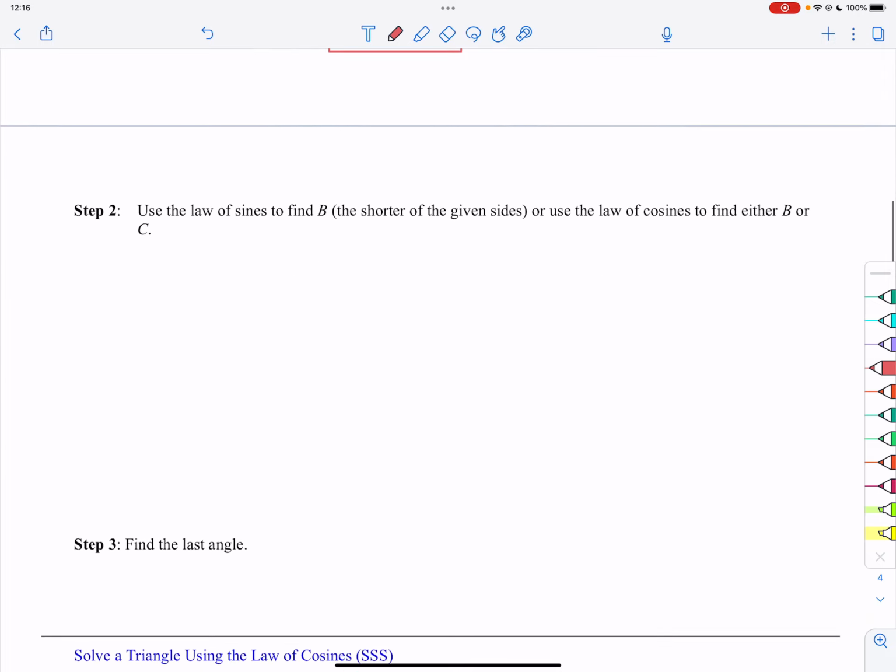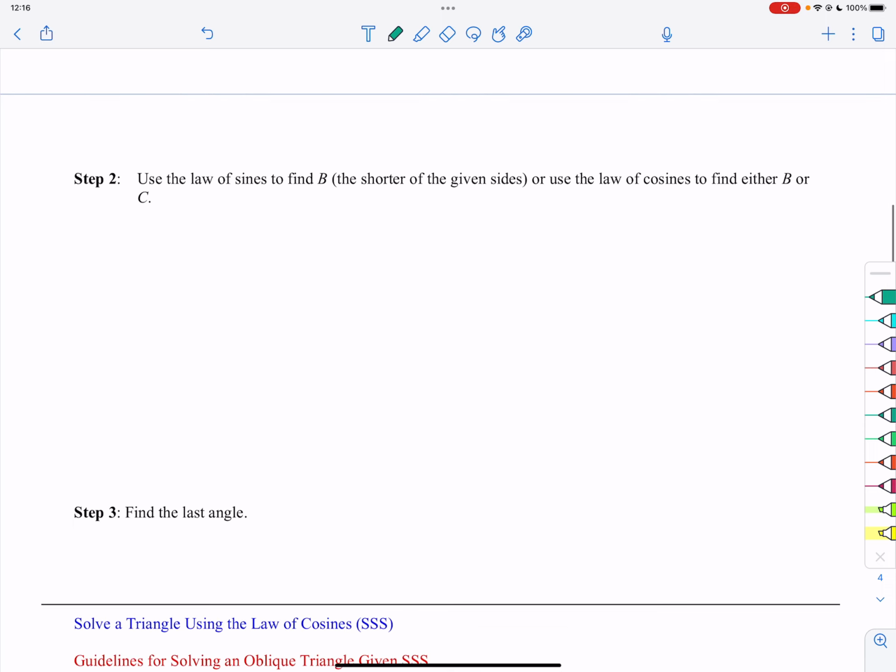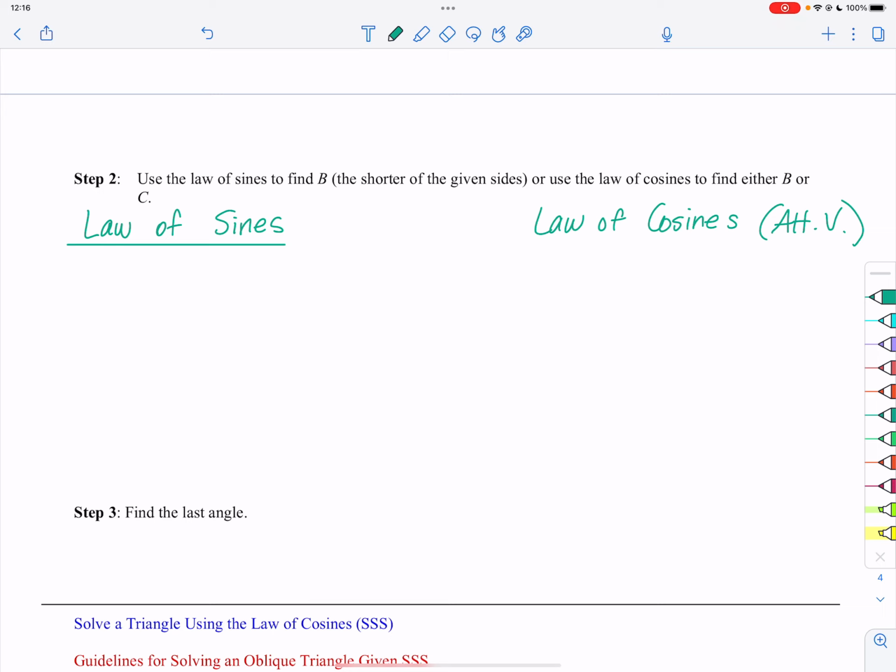So let's go ahead and make note that we're going to use the law of sines, or we can use the law of cosines, and that is our alternate version. Okay? And you'll see that you could use either.